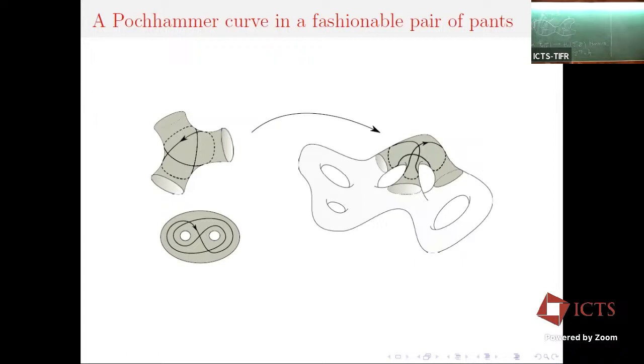So what I said is that it cannot be just an arbitrary pair of pants decomposition. I'm going to say what I mean by fashionable. So it's a Pochhammer curve in a fashionable pair of pants. There is this property called being fashionable.